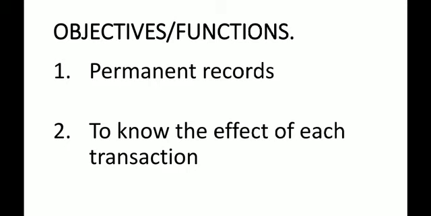It is very obvious that a task that you do, let it be any, has some motive behind it. Any activity done by you has some objective to be fulfilled. Yes? So let us see what are the objectives of accounting, of which the very first objective is to keep permanent records.